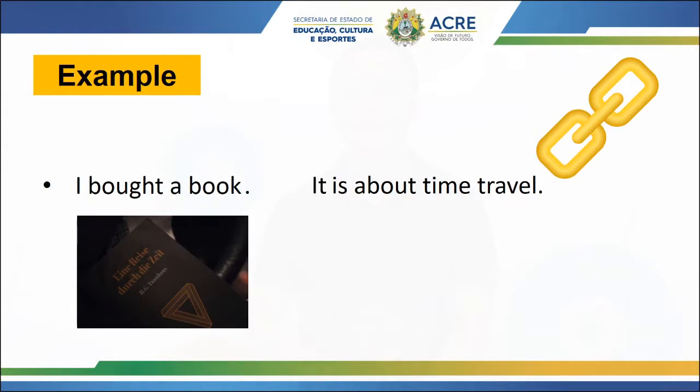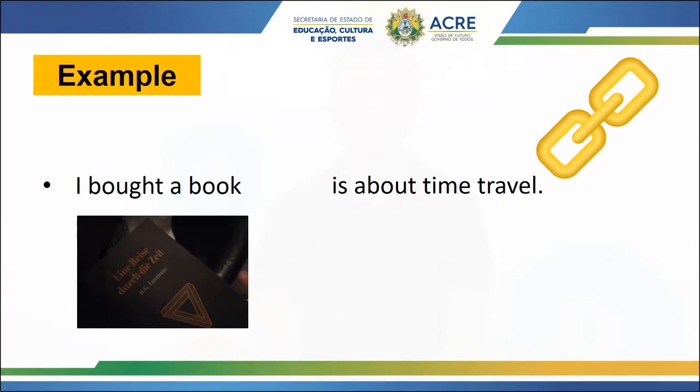Okay, then we have one more example. We have the sentences, I bought a book, and it is about time travel, right? 2 sentences. So let's combine them using a relative pronoun. Pay attention that we don't need the period mark anymore, and we don't need the pronoun it, okay?